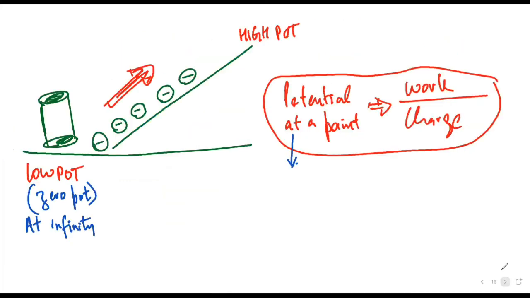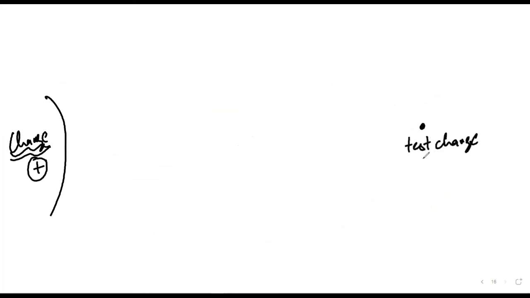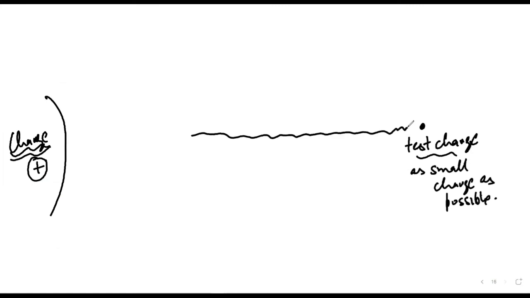Now similarly, if this is my charge, this is my, let us assume, positive charge, and I want to bring a test charge. This is called a test charge. A test charge is as small a charge as possible. So basically, the work that I need to do to carry this test charge close to this body is called the potential at a point.